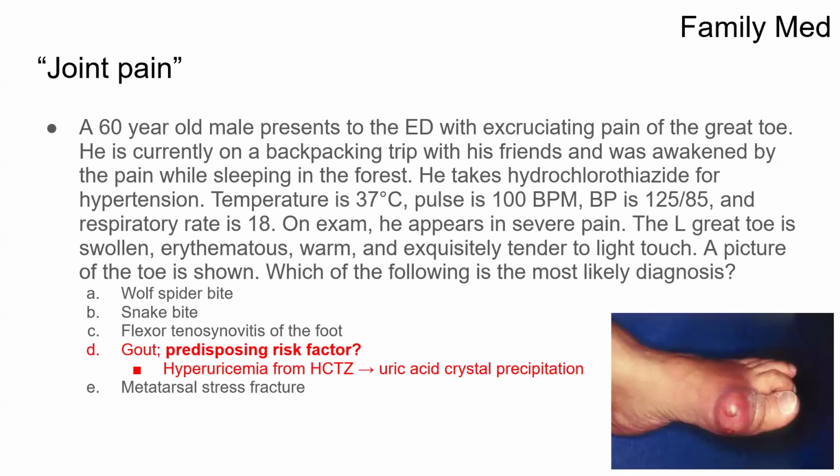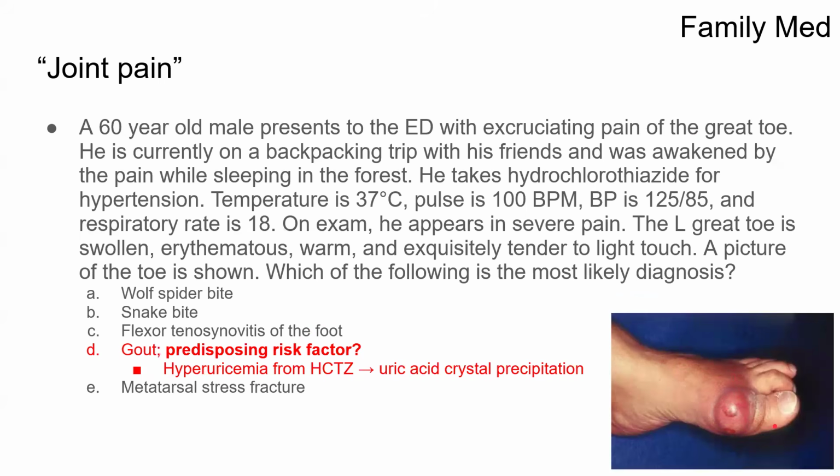Hydrochlorothiazide can cause hyperuricemia, and if there's elevated uric acid, then that can precipitate in classically the metatarsophalangeal joint of the great toe, which is the case here.